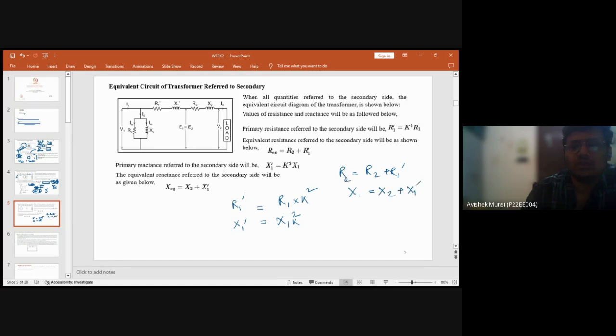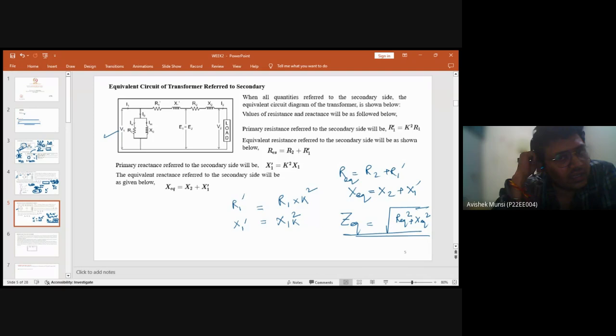So we can represent it as the equivalent resistance and the equivalent reactance. And if you have to calculate the equivalent impedance, then you have to do the phasor sum of this. I also discussed this in the last class in a shorter way, so I'm explaining it with the diagram this time. So this is basically the equivalent circuit diagram of a transformer when referring it to the primary and the secondary side.